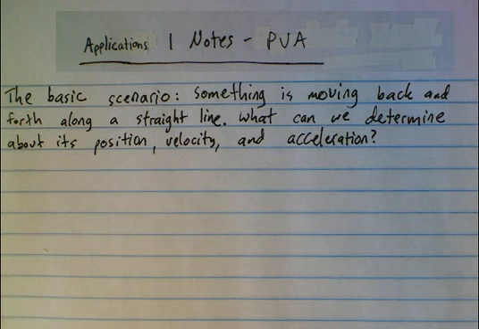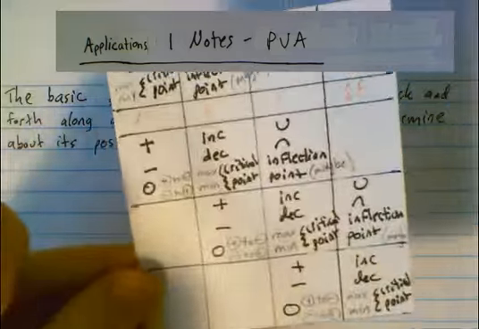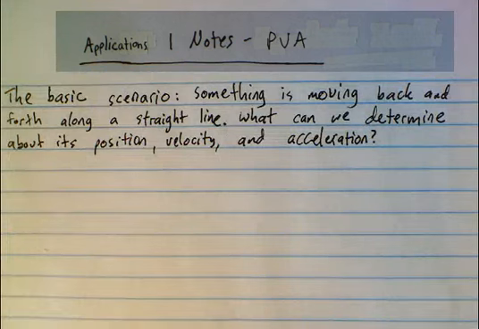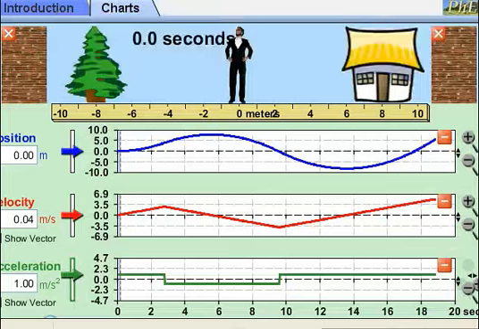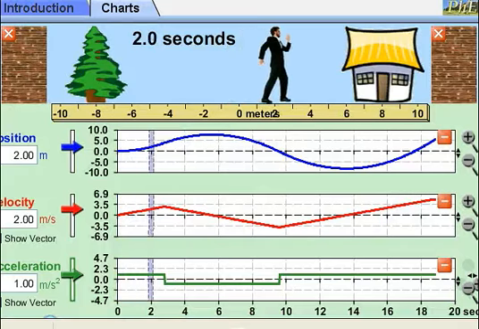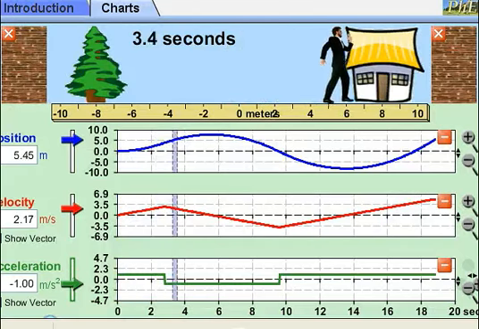By the end of this lesson, you should be able to use the sign charts, the little lines, and this table here to solve problems with position, velocity, and acceleration. The basic scenario is that something's moving back and forth along a straight line. So, for example, the little moving man demonstration that we've worked with, where he's moving just back and forth basically along an x-axis.